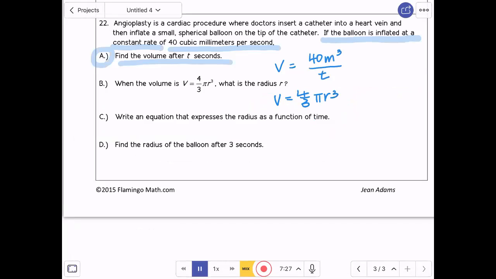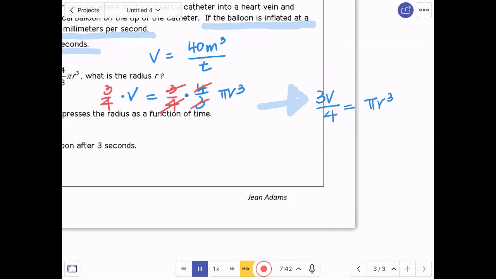First, I am going to multiply both sides of the equation by the reciprocal of 4 over 3, so these two fractions cancel each other. On your right side, you only have pi r cubed. Now we are going to divide both sides by pi, which is the same as multiplying both sides by 1 over pi. This cancels the pi.